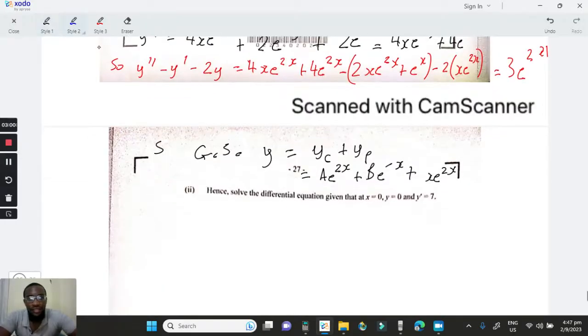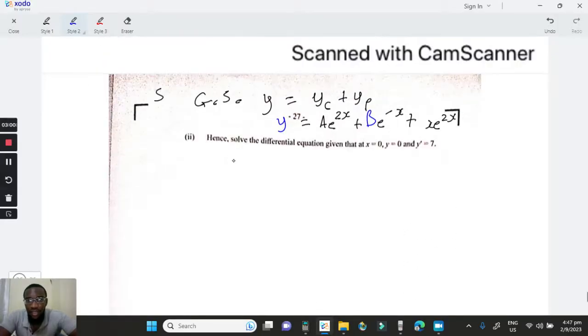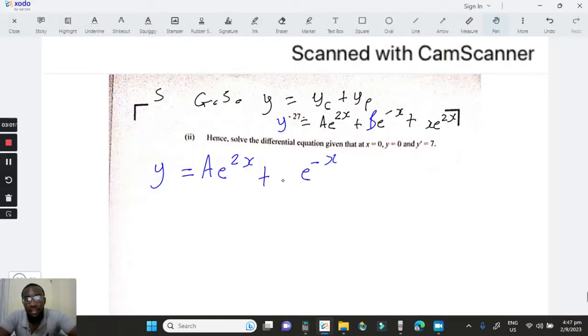Then now it says hence solve the differential equation. So hence solve it, all you need to do now is plug in x as 0 and all of that stuff there. Solving it means find the values of a and b. Easy. So first thing we'll start by saying y is a e to the 2x plus b e to the minus x, plus x e to the 2x.